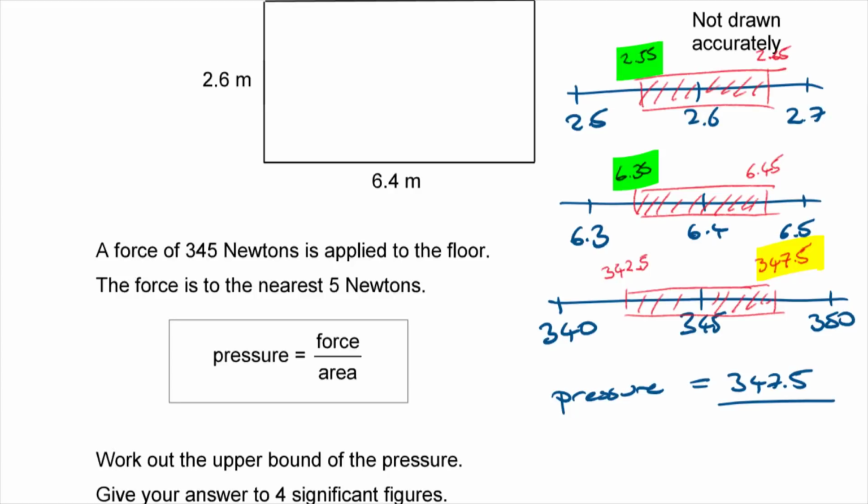That would give me my lowest possible area then. So that's going to be 2.55 times 6.35. Now if you're getting confused or can't figure this out, you can just do the calculations multiple times with the various values and see which one is the biggest and the smallest.